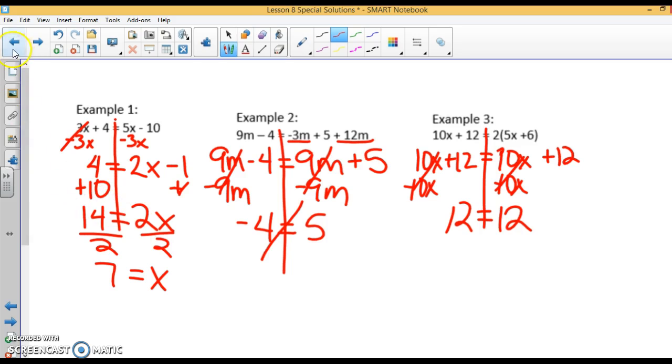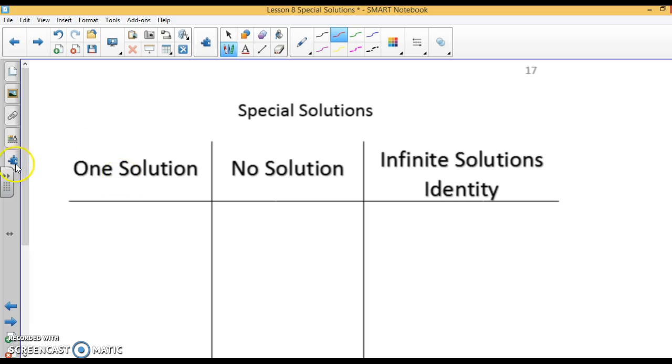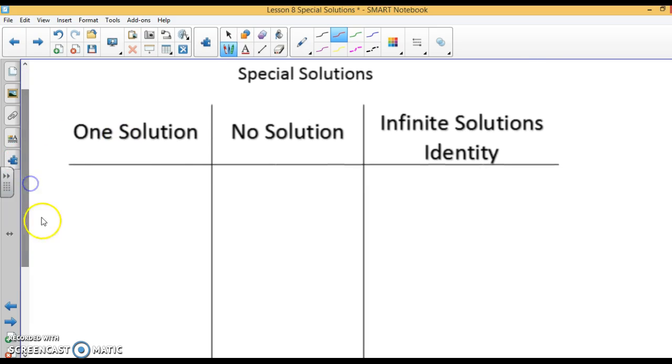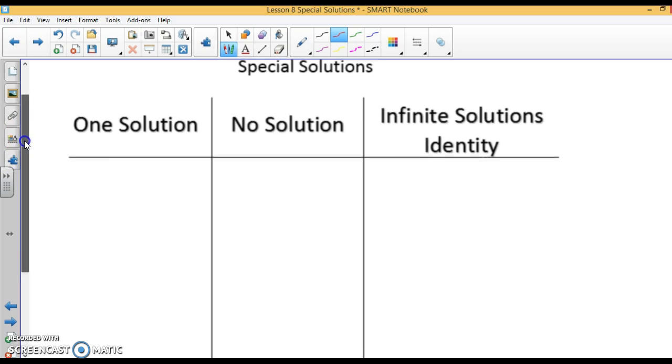So, looking back up at our chart, special solutions. When we're solving our equations, we're always going to have one solution, no solution, or an infinite amount of solutions, or what we call an identity. So, in your chart, we're going to fill that in.